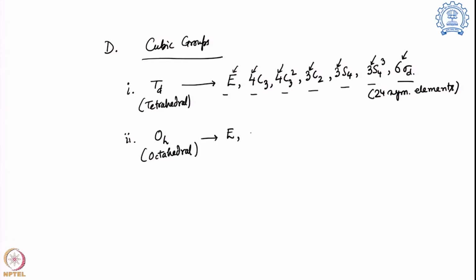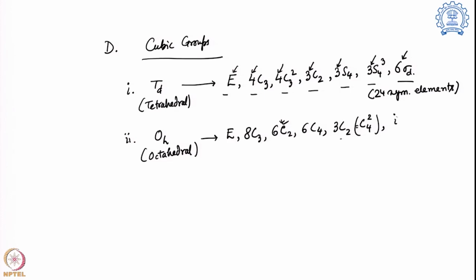It has an E, it has 8 C3s, 6 C2s, it has 6 C4, 3 C2, which is a little bit different than this one because it is present in the position of C4, and if we are rotating it twice, because C4 means 90 degrees, if you rotate it twice you are going to get 180 degrees, which is nothing but a C2. That is what I am writing over here.